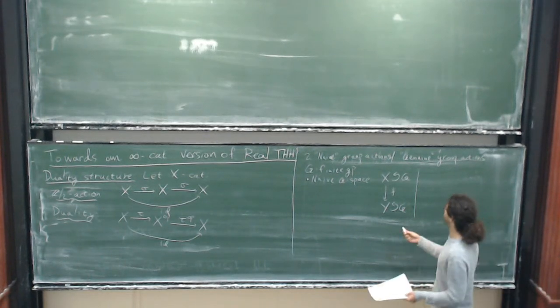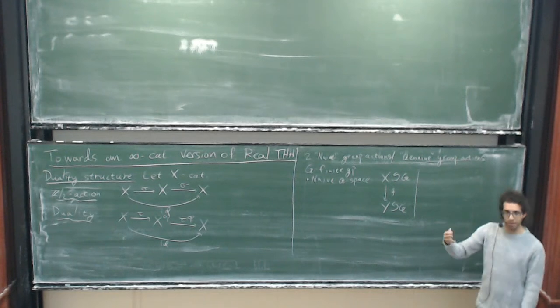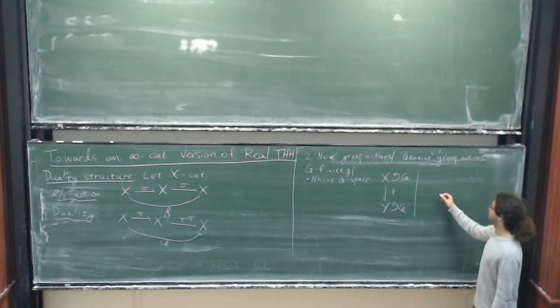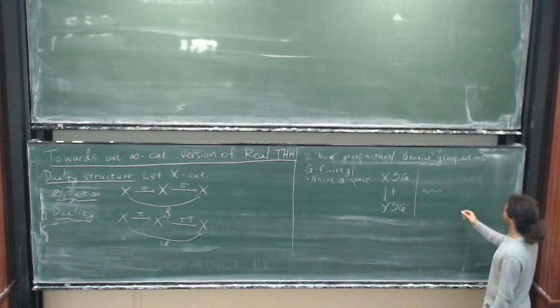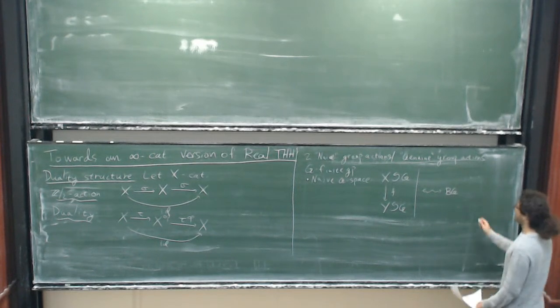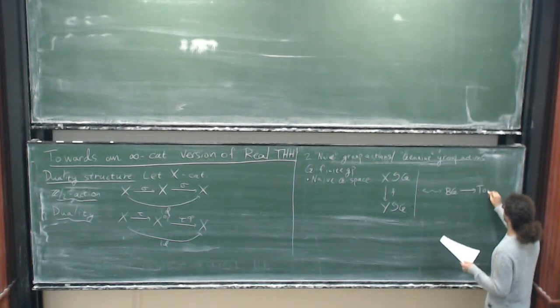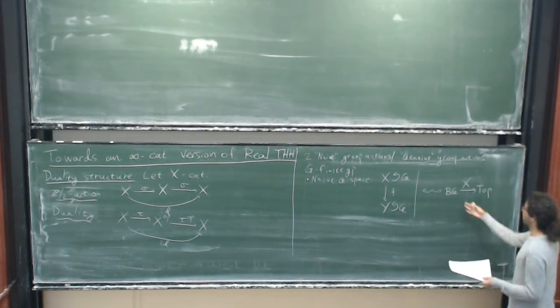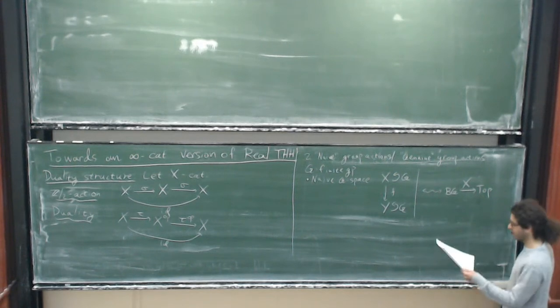And a G space up to naive equivalence is giving this information is equivalent to giving a functor from BG to topological spaces, and we call this functor X, and then we can think about X as the G space in a naive way.